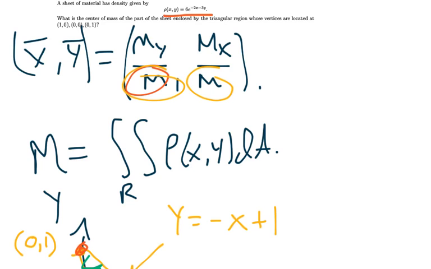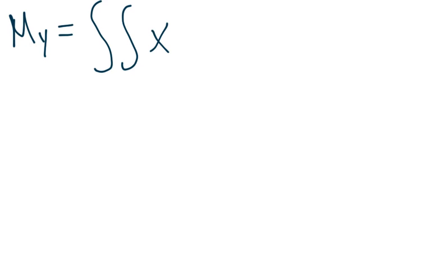We also need my and mx. So what is my given by? Well, my is equal to the double integral of x times rho xy dA. Okay, so what is this going to be?